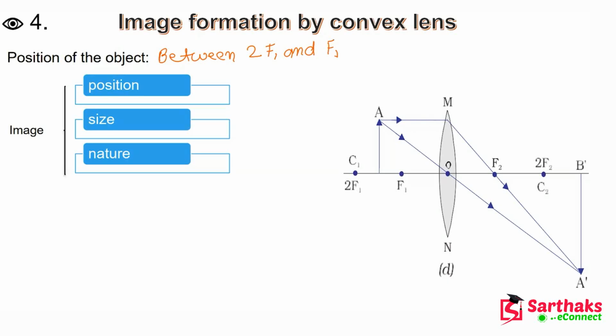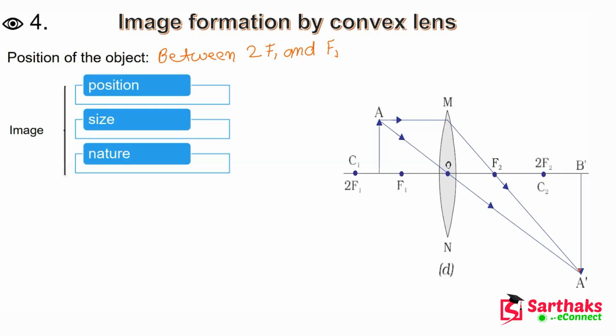Now this is another ray which is passing through the optical center, and a ray which passes through the optical center always follows its path. So let's suppose they are meeting at this point.